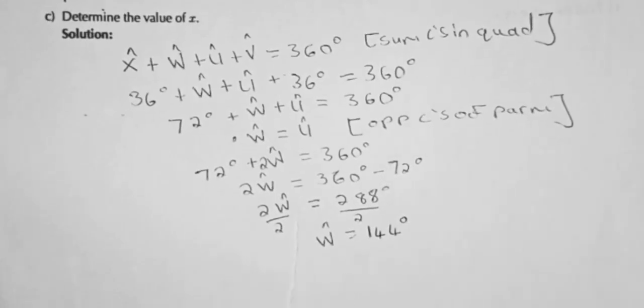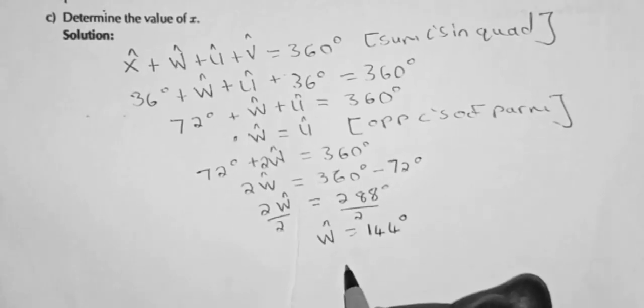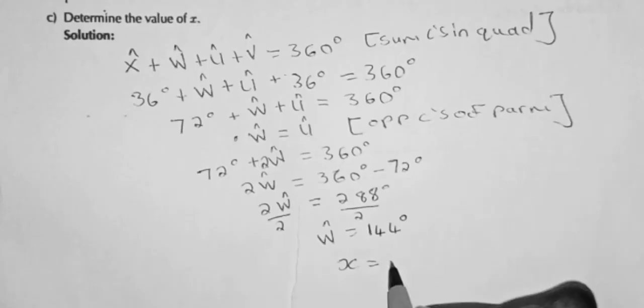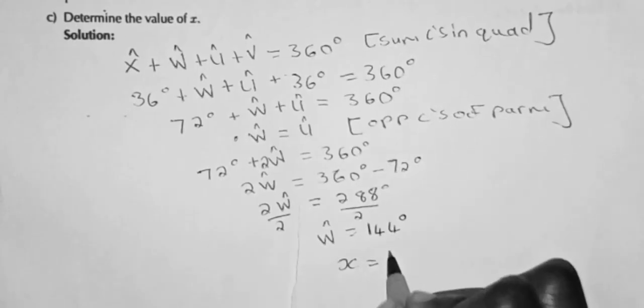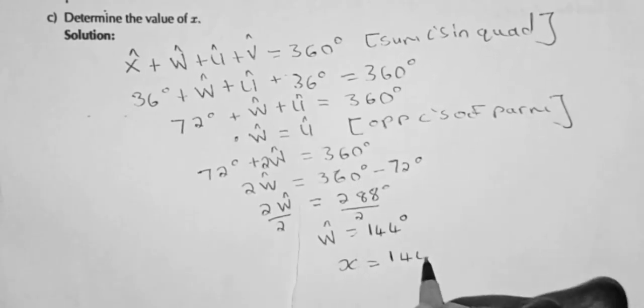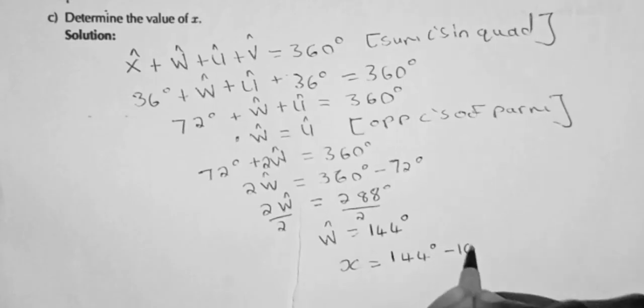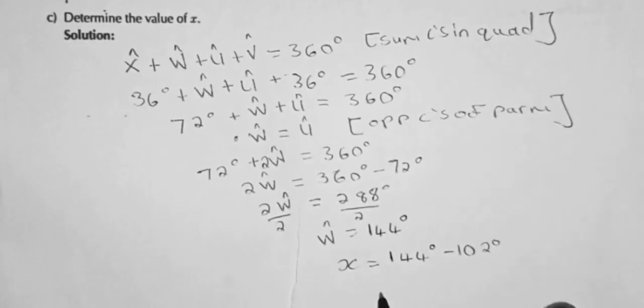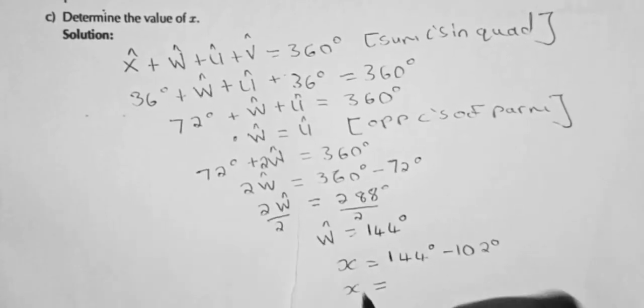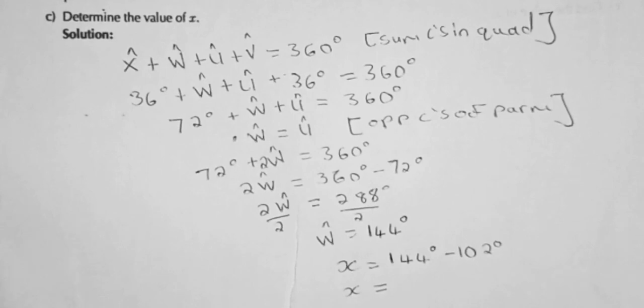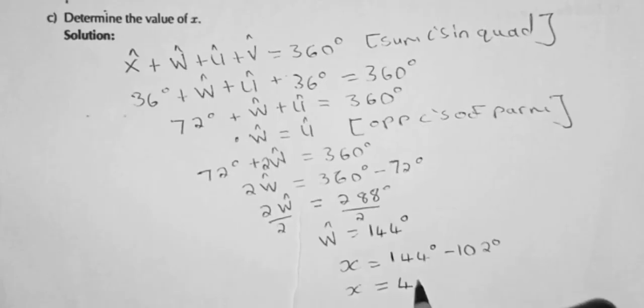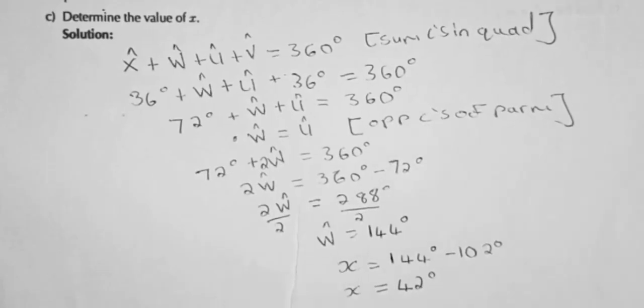So because we want the value of x, we don't want the value of W, we're going to say the value of x is equal to 144 degrees minus 102 degrees, which will give me 42 degrees. And then we're done.